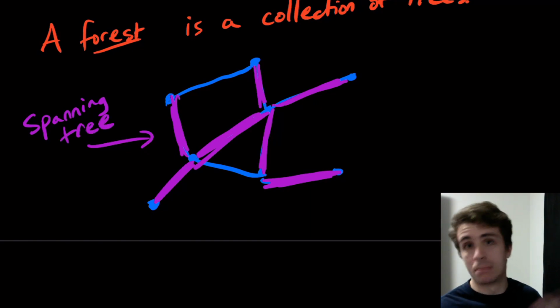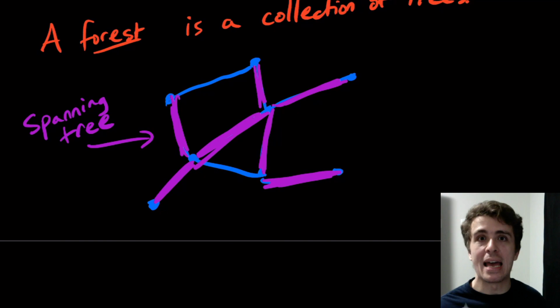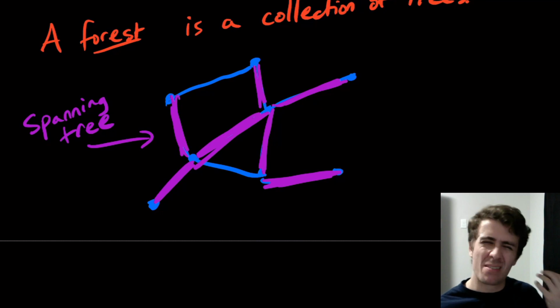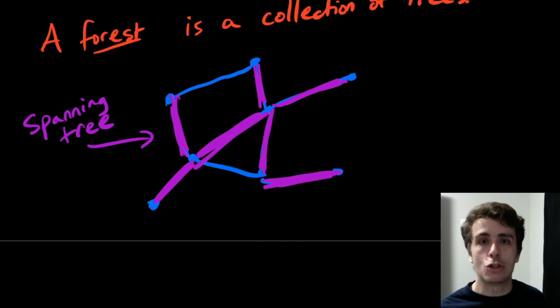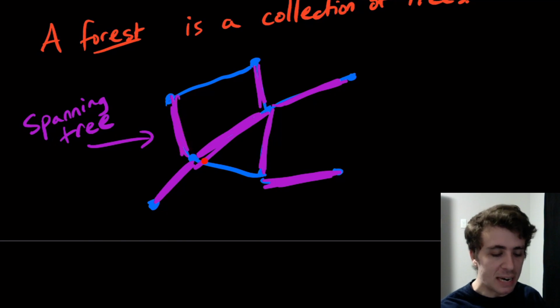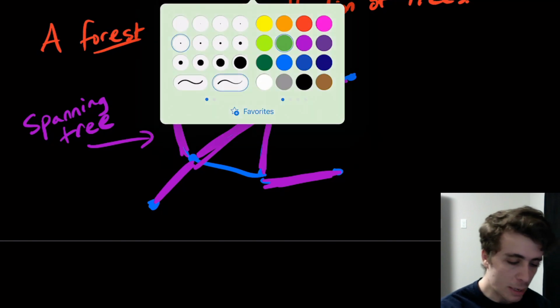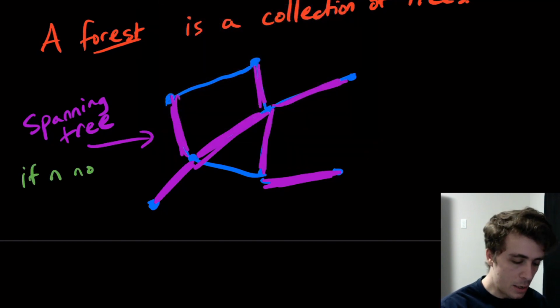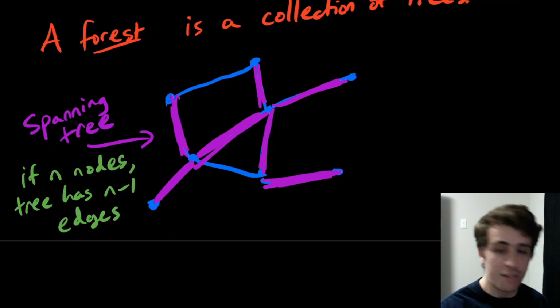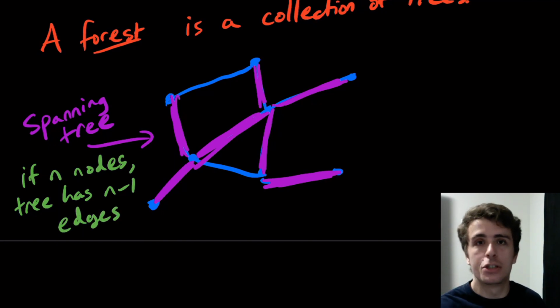So a spanning tree is a tree that happens to hit every single vertex of a graph. So it's a subgraph, meaning that you not necessarily will take every edge with you, but it touches every single vertex. Okay, and one thing that you can show here is if there are n nodes in the graph, the tree has n minus 1 edges. In fact, in any tree, if it has x nodes, it has x minus 1 edges, and put proofs of that down into the comments.